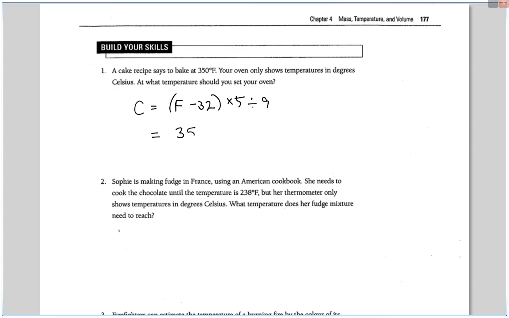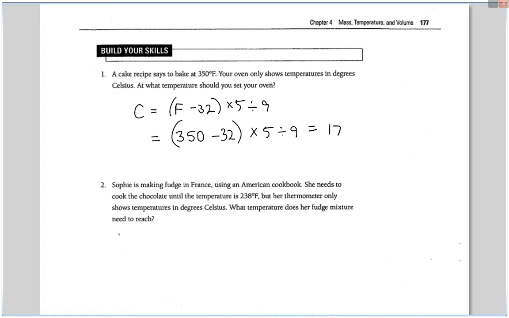So 350 take away 32, and once you get that answer, times by 5 and divide by 9. So it's a pretty straightforward formula. If you just follow what's on my sheet and what's on this page right here, you're going to be okay. So I get 176.6 repeating degrees Celsius.